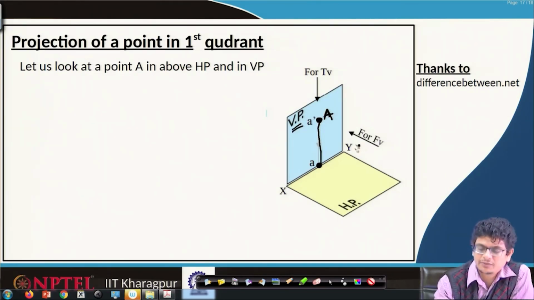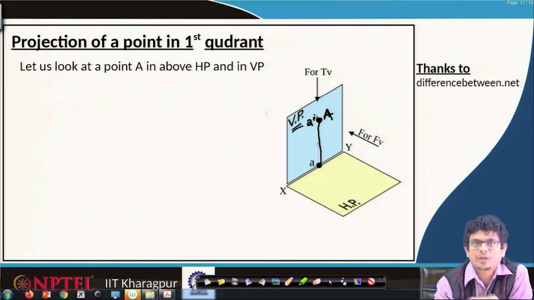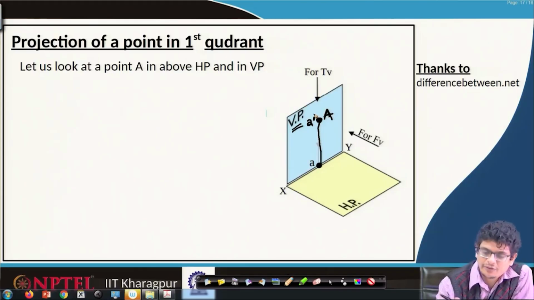It is not here somewhere, but it is precisely on that vertical plane. If that is the case, for the projections, A is already there, by definition it becomes A dash, the projection itself, and if we are projecting A all the way down, it maps on the horizontal plane at O.